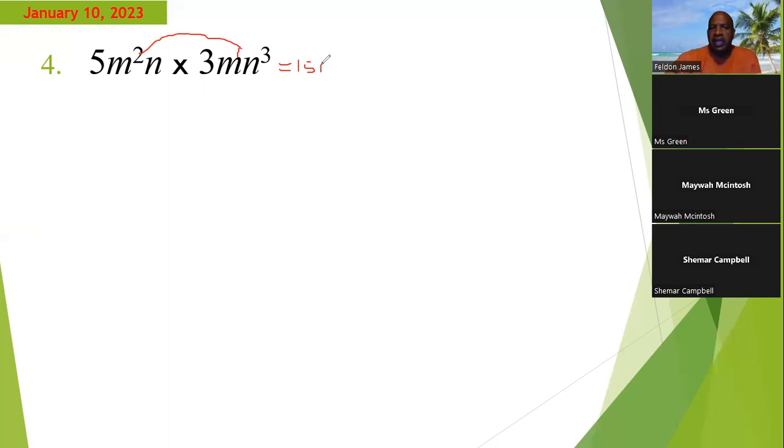So you will get m to the power 3. For the n's, you do the same thing. This is n to the power 1. This is n to the power 3. You add their powers. And so you get n to the power 4.